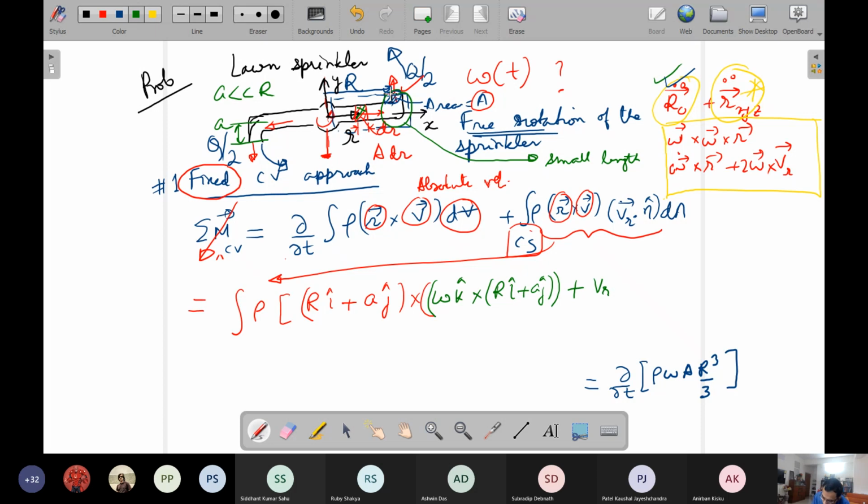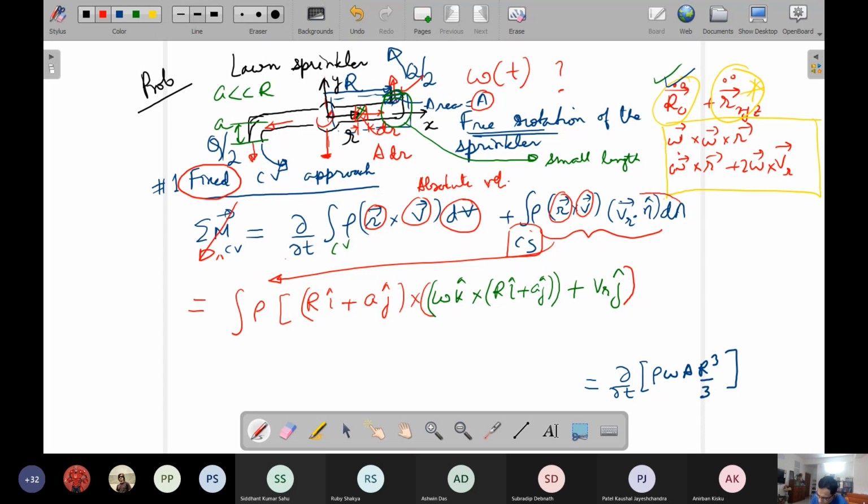Now the v relative with respect to this control surface is along the y direction. Remember, for the control volume term it was along the x direction, but for the surface flux it is the y direction, and that is why the bend has been physically put into the design. We will see that because of this y component only, you have what we call the moment of linear momentum with respect to the control surface.